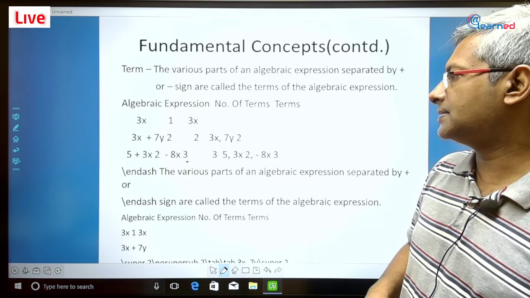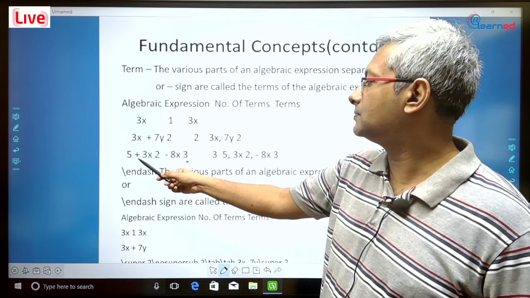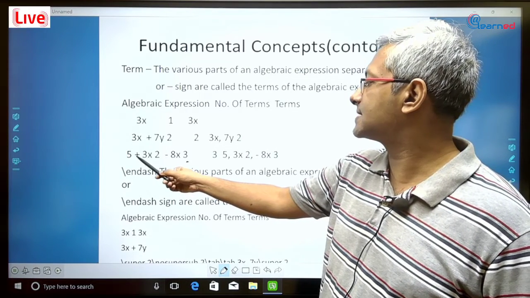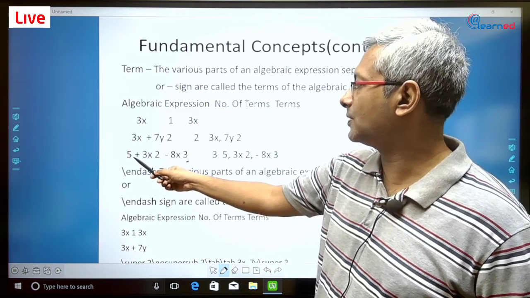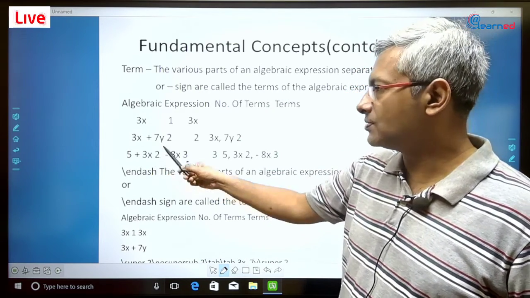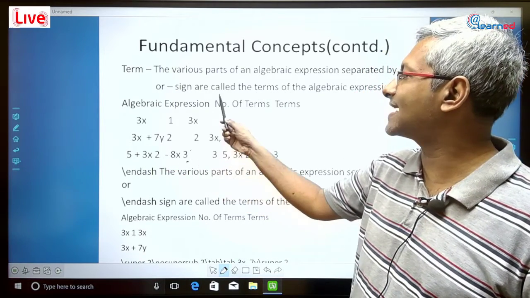And over here this has gone a little awry. So 5 plus 3x, you have to ignore this 2. 5 plus 3x minus 8x. Ignore this 3, this is actually the number of terms.